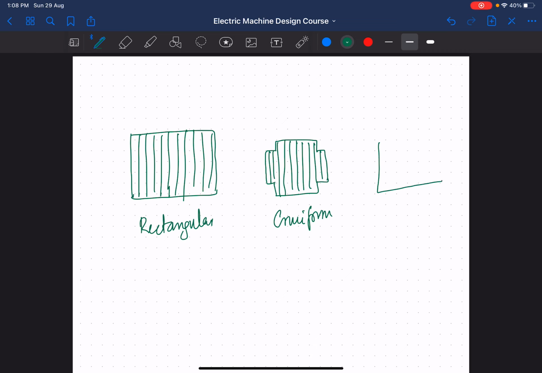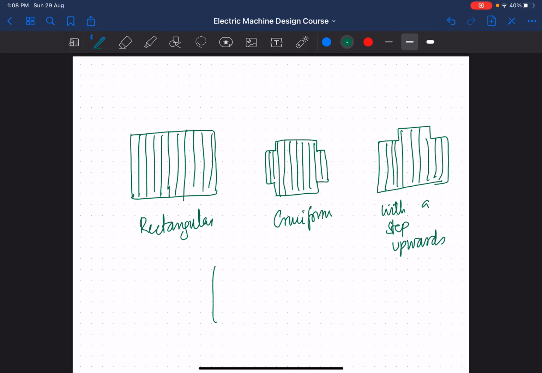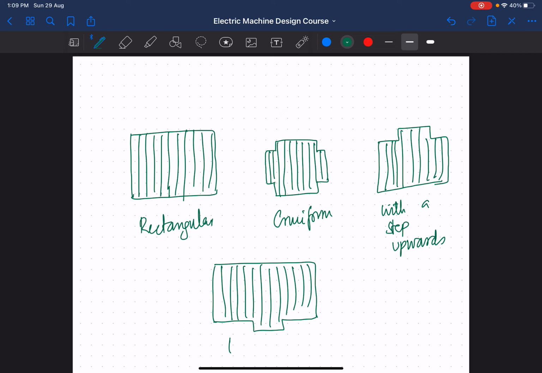The next type is one with a step upwards, and the third type of construction is with a step downwards. Okay, so this is how you try to mitigate the problems associated with having an increased area of the yoke.